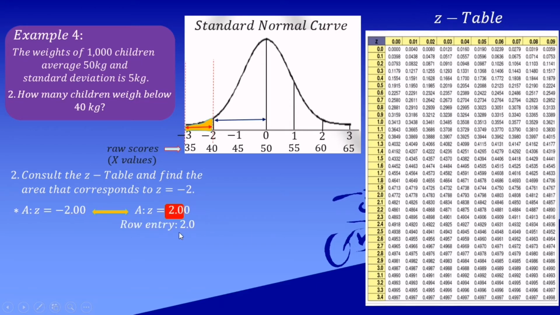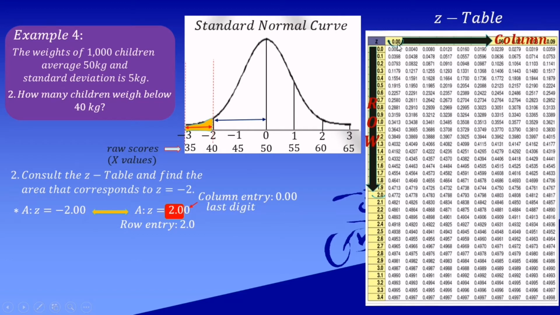Then, we have first 2 digit, the row entry is 2.0. Yan ang ating row entry, and we have the column entry which is the last digit, 0. Then intersections both row and column. Yan ang ating probability or the z is equal to negative 2 which corresponds to 0.4772. Yan ating ang sukat for the unshaded region.